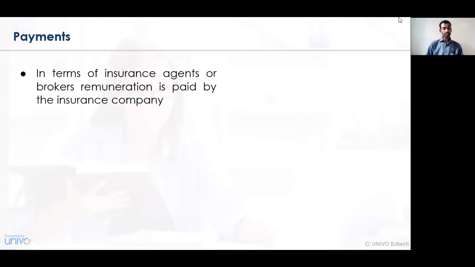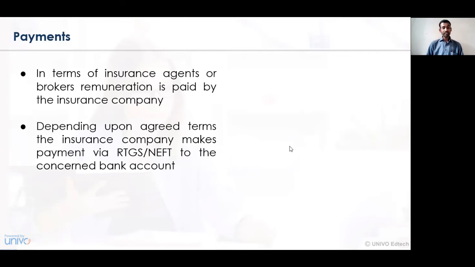So, a broker receives a remuneration. Depending upon the agreed terms and conditions, the amount so decided is always paid by either RTGS or NEFT, directly transferred to the individual account of that particular person. Who is that person? The registered agent or the broker of that company.